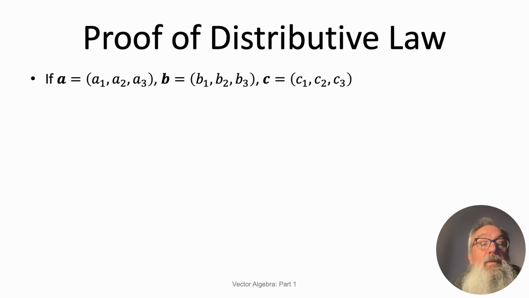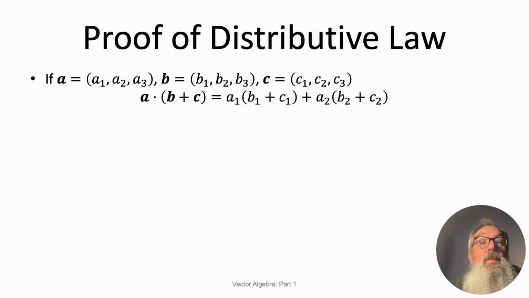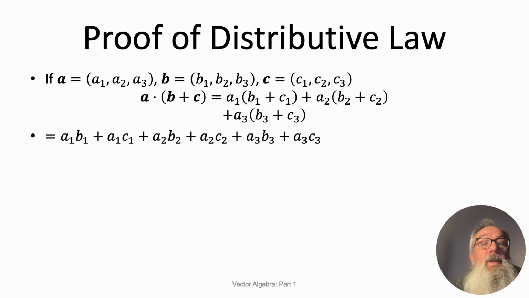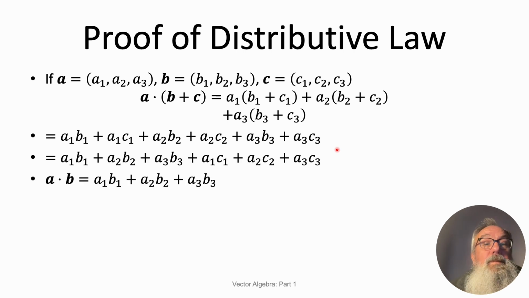Okay, this proof of distributive law. Well, let's just go through that again. Not something we need to remember, but we put it in components. It's a bit easier to see. So we expand the components, and we have this expanded bracket. So we see that A dot B equals those.